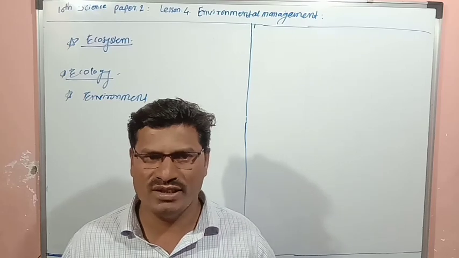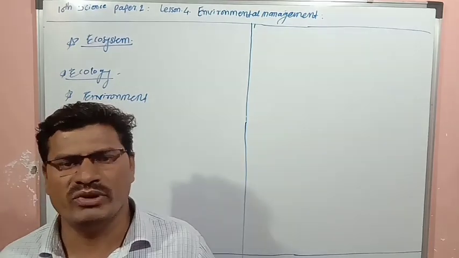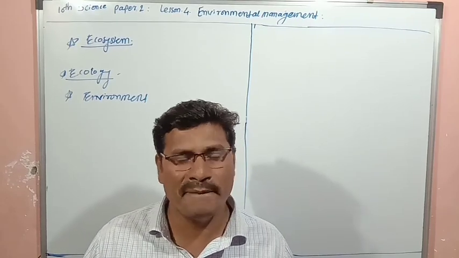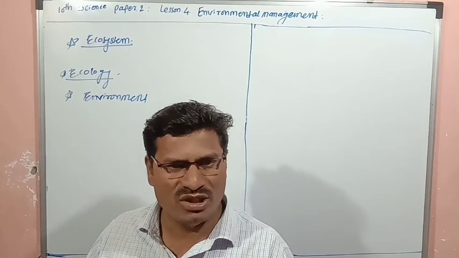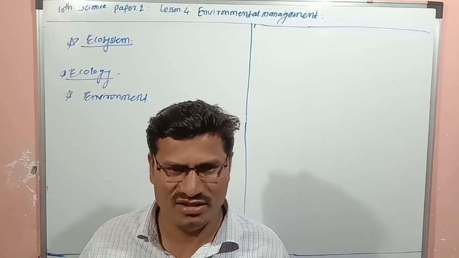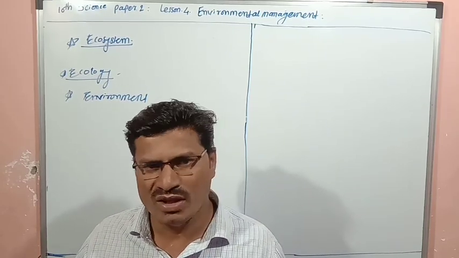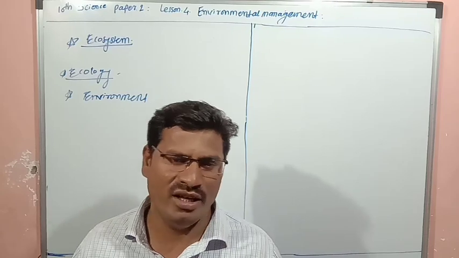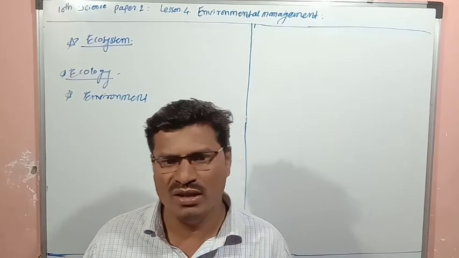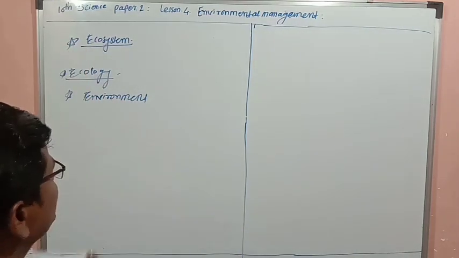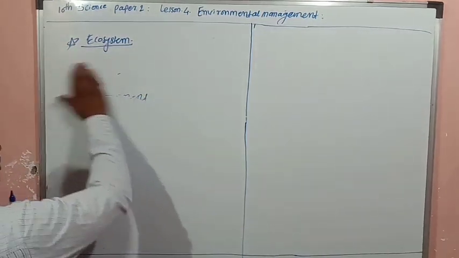So there is interaction between living and non-living things. One thing we should remember: jivo jivasya jivanam, that means live and let live. So in case of ecosystem, we will take different points.